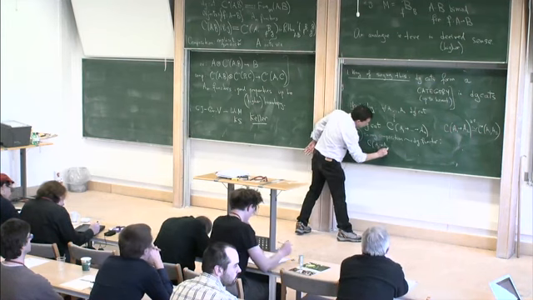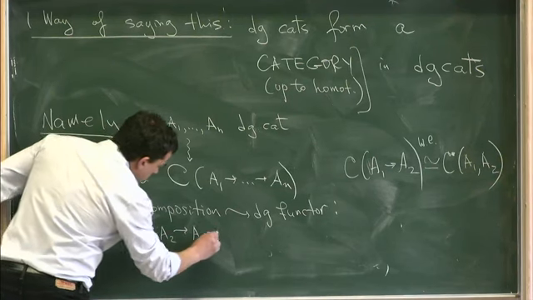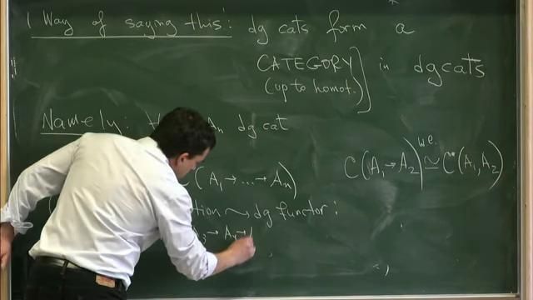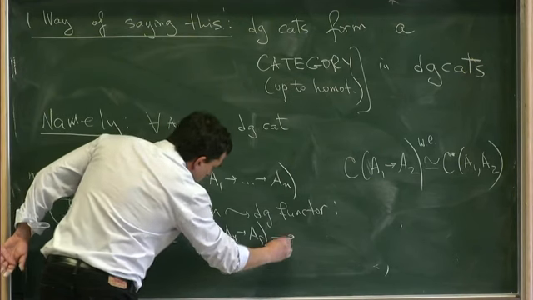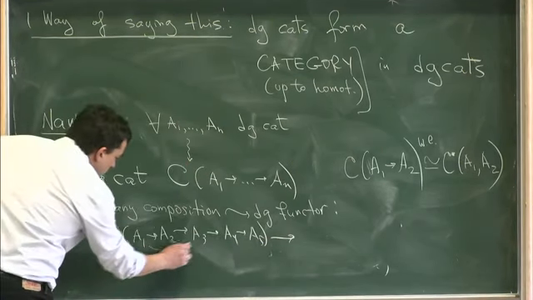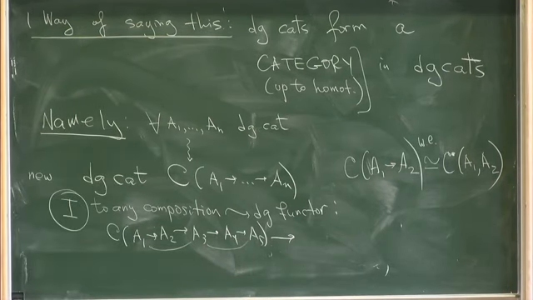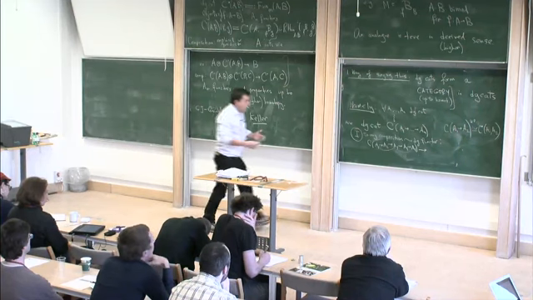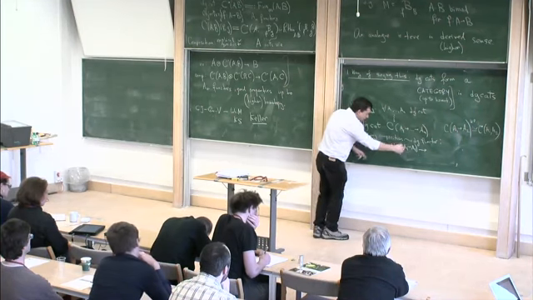If I have a chain of five DG categories, I can compose in two different ways, or rather in one way, but in two places, here and here.